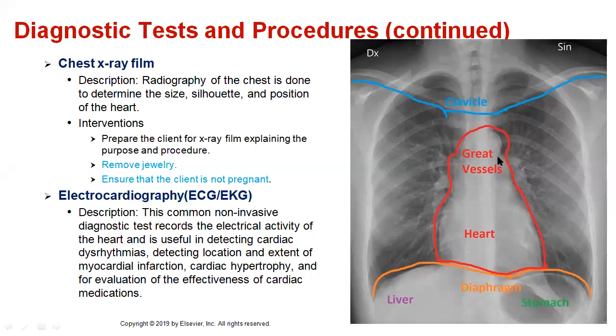So you can see in this chest radiography or chest X-ray film, this is the shadow of the heart. This is the ventricular apex, great vessels are there, right? This is the heart shadow. If patient has cardiomegaly because of the heart problem, like hypertrophy, at that time we can see the bigger heart.